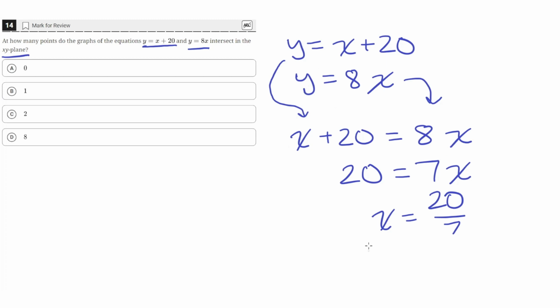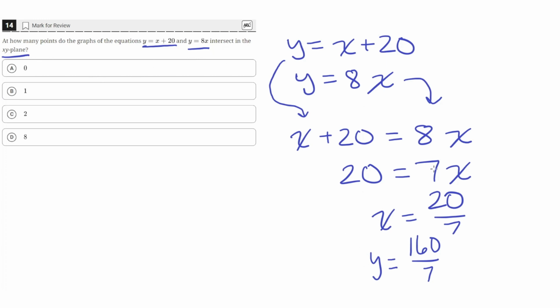And in this case, if we plug x equals 20 over 7 into this equation, we would get 160 over 7. So at x equals 20 over 7 and y equals 160 over 7, the two equations intersect.